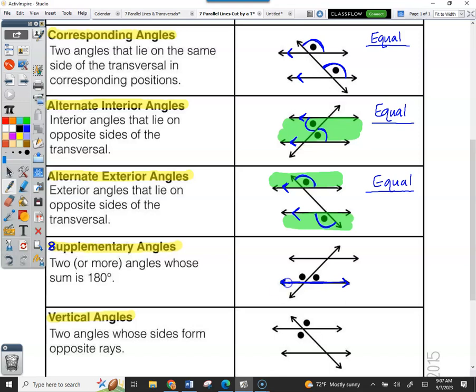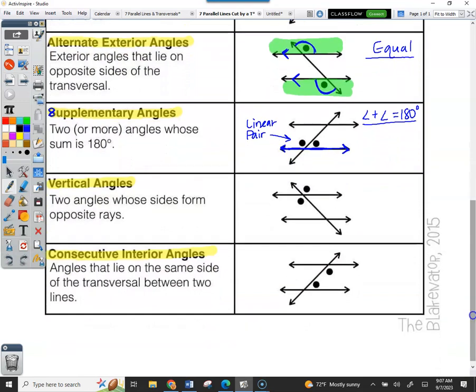So they form a linear pair, which means they add to equal 180. And let's make that note in shorthand here. You have angle plus angle equals 180. That would be your equation there. You already know that one. That's nothing new.